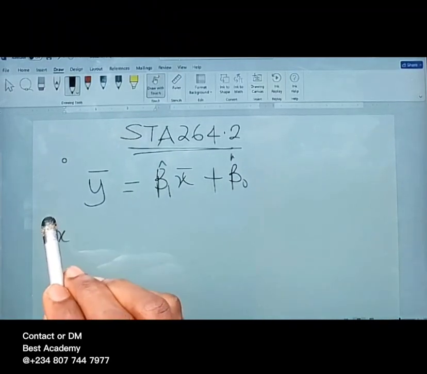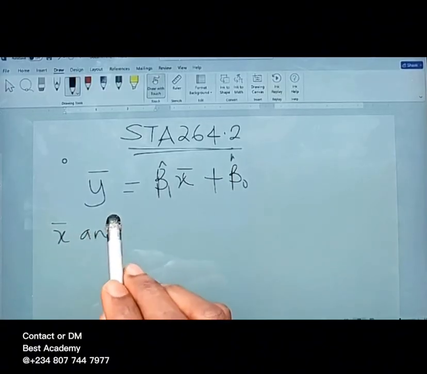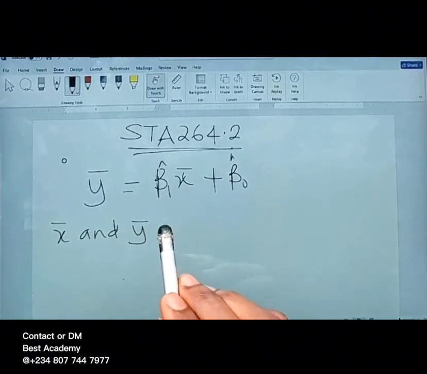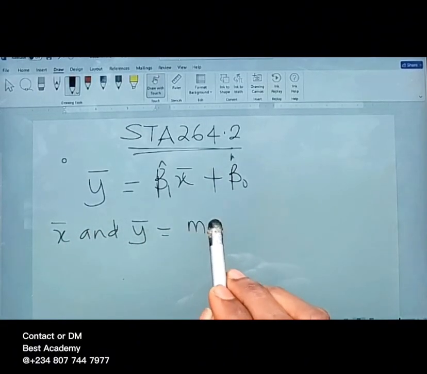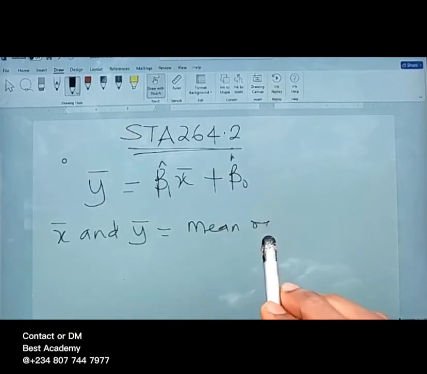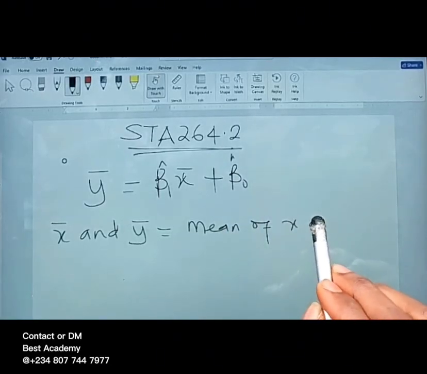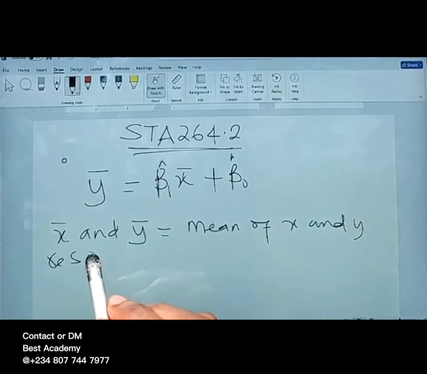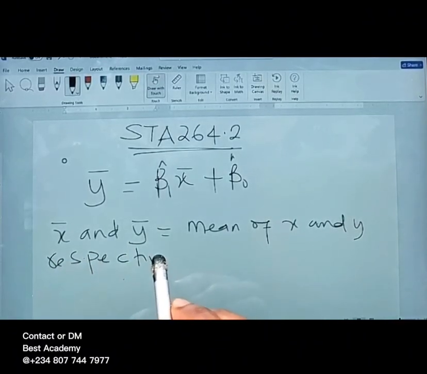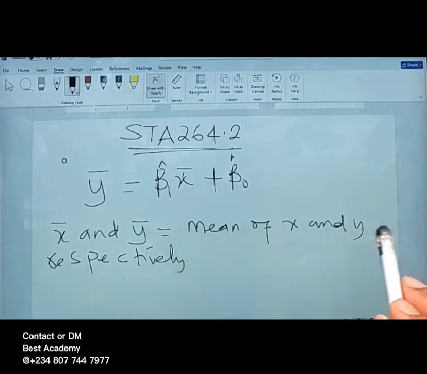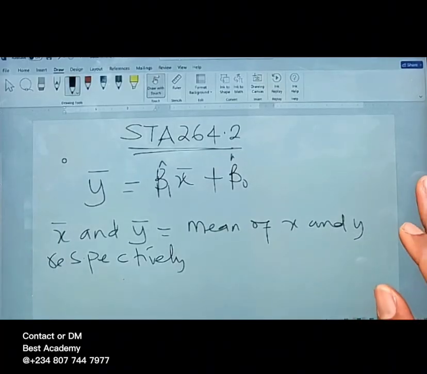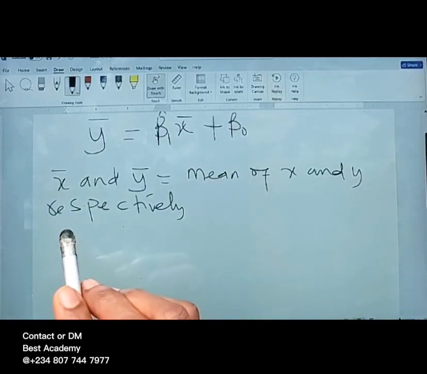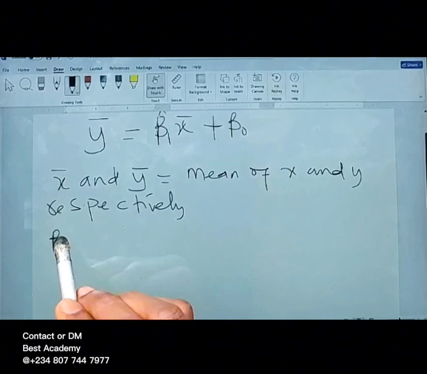The s bar and the y bar are the means of s and y respectively, while beta 1 hat and beta naught hat are the estimation coefficients.